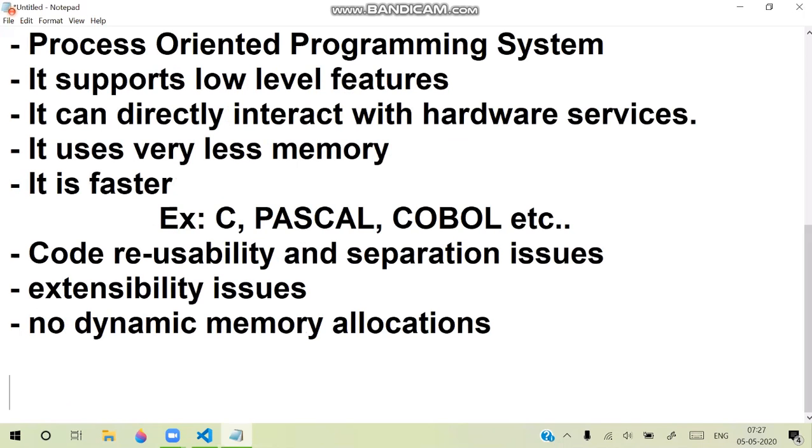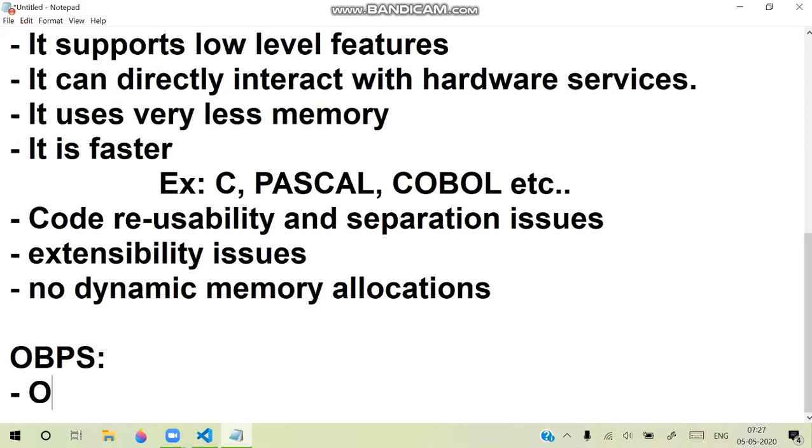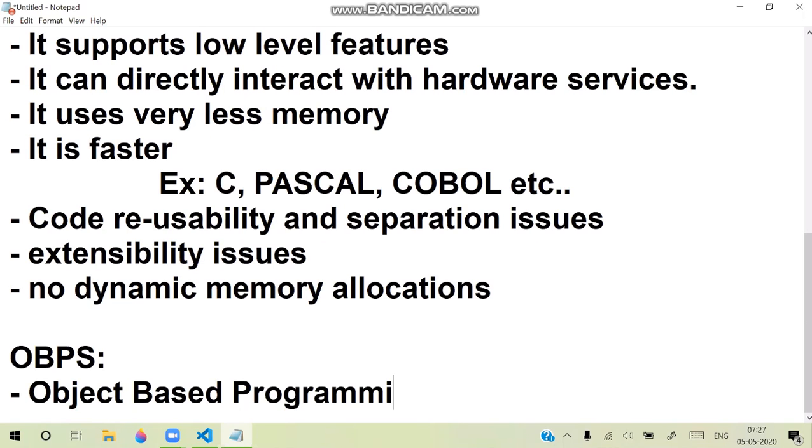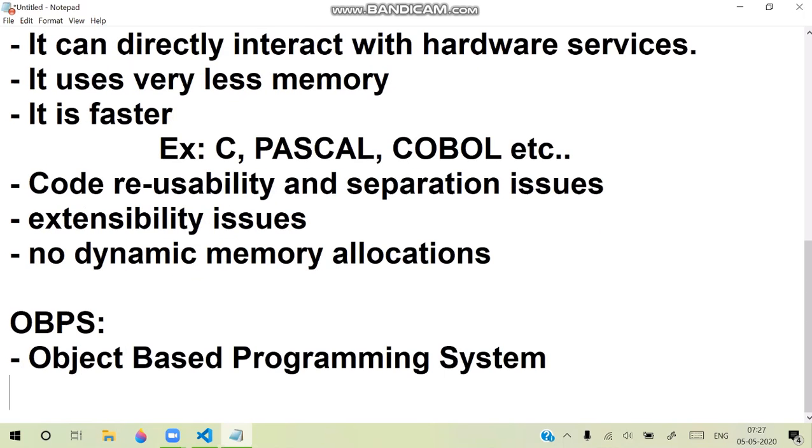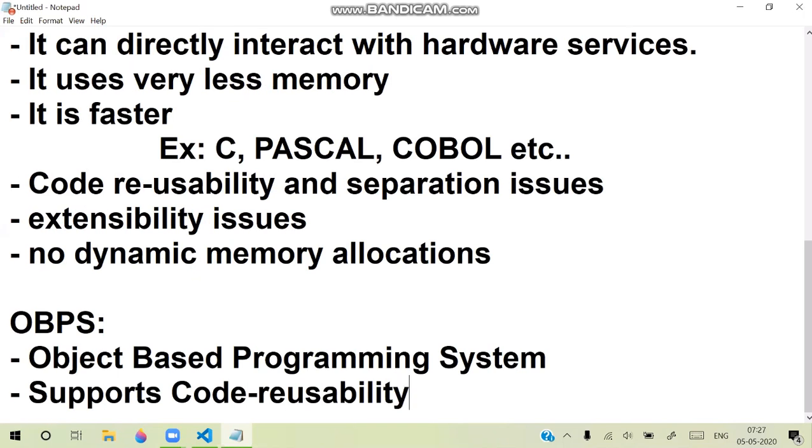Then we have OBPS, object-based programming system. Actually, an object-based programming system supports code reusability.